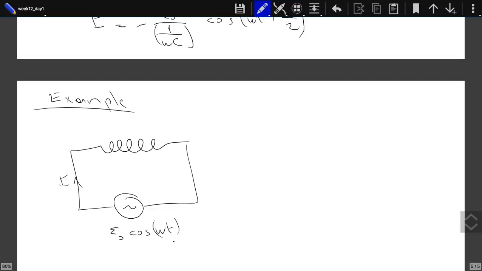But isn't the alternating current source an inductor in itself? Not necessarily, it can be just your city electricity. You just take an inductor and connect it to this plug over here.